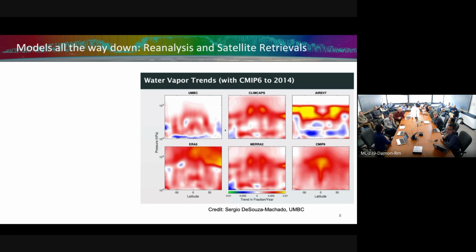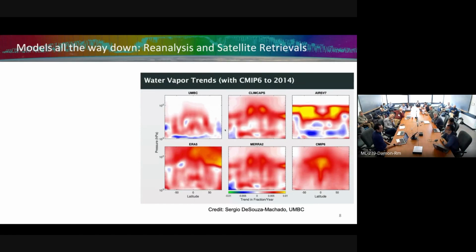And so this process of inferring a state variable from an observation, which again is this radiance term, is a very uncertain process. In the bottom row, we have ERA5, MERRA-2, and a CMIP6 average. The idea here is that reanalysis, of course, is ingesting more information than just this one satellite, but you're also getting very different answers.